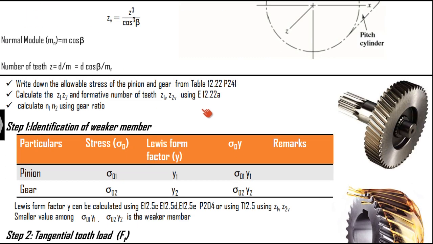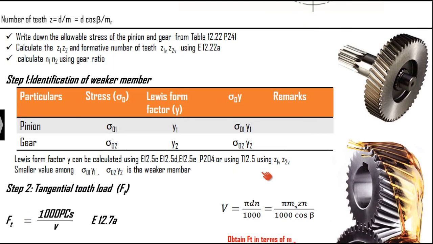You should not use Z1 and Z2, because we are using the same equation as for the spur gear, so we have to select the formative number of teeth of the equivalent spur gear for calculating y1 and y2. That is a very important point, so please keep that in mind. Using ZV1 and ZV2 you calculate y1 and y2, and further you calculate sigma1 y1 and sigma2 y2. The smaller of these two values is the weaker one, and we have to design the weaker member.